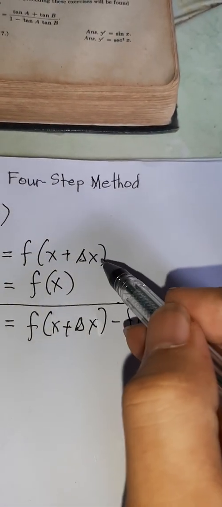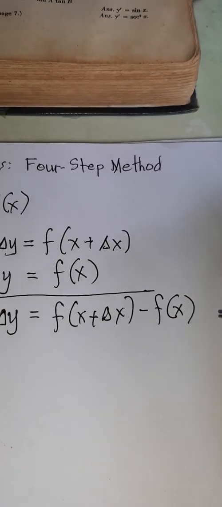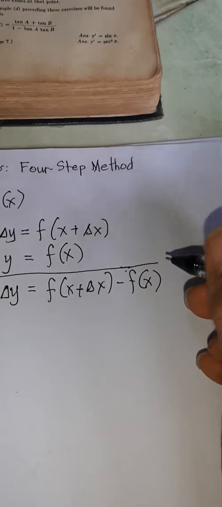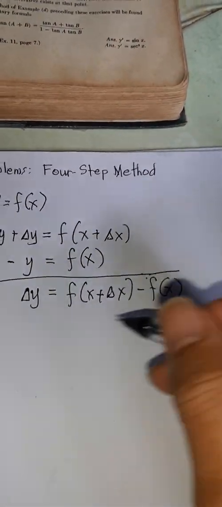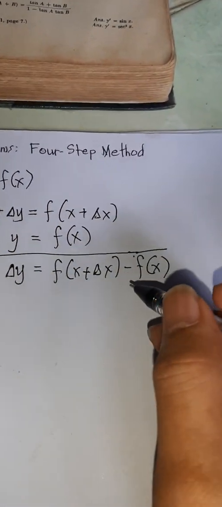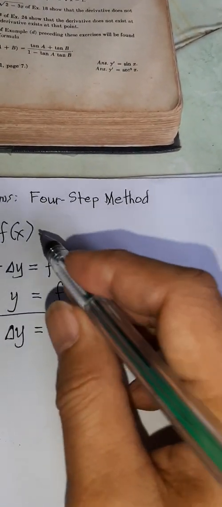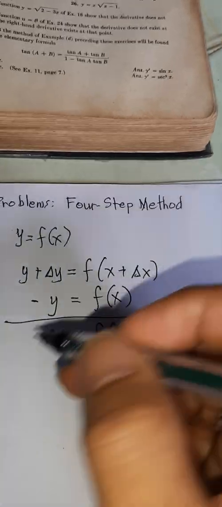That is f of x plus delta x minus f of x. Then sa actual, pwede naman nating magawa yung pagsisimplify neto. May subtract yung new equation, yung original equation from this new equation.